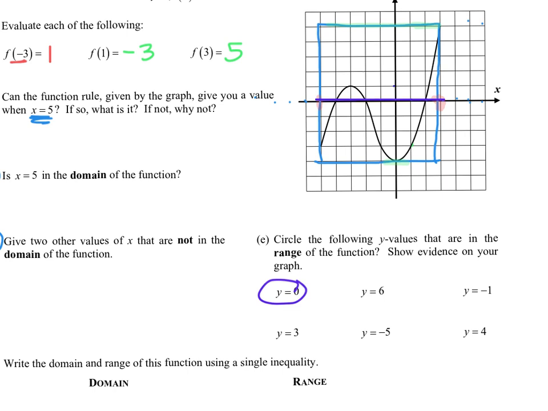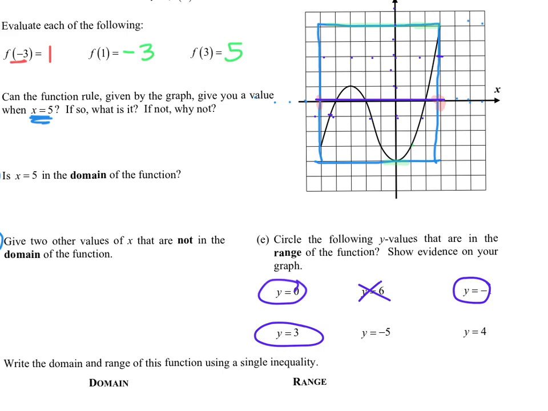If I count up 1, 2, 3, 4, 5, 6, there's no points on the graph when y equals 6, so no, y equals 6 is not in the range. Y equals negative 1. If I go down 1 and look over, yeah, there are points on the graph when y equals negative 1. That's in the range. When y equals 3, if I look over, yeah, there's a point when y is 3. Y equals 3 is in the range.